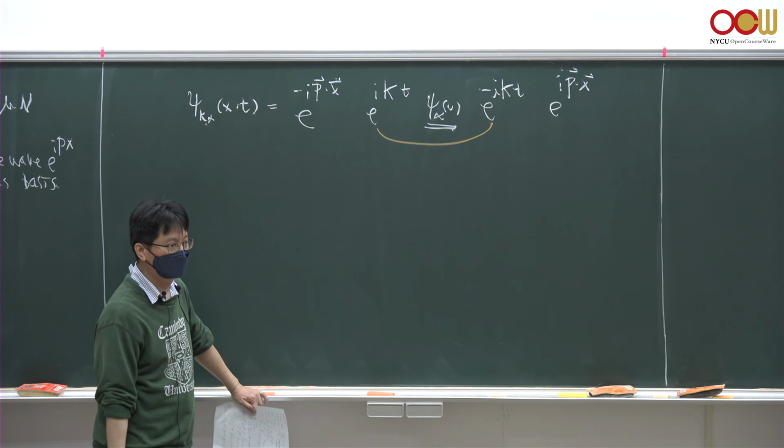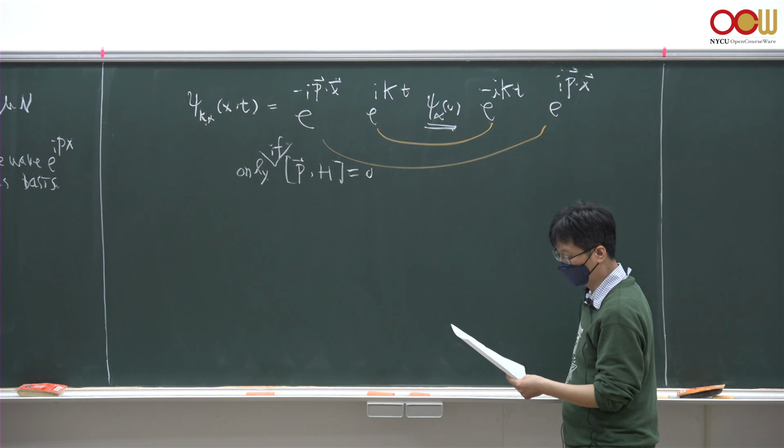And this is true only when the momentum operator commutes with the Hamiltonian. Because K is the Hamiltonian operator, it commutes with the momentum, so you could perform such a double unitary transformation.